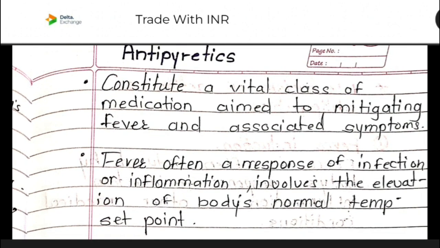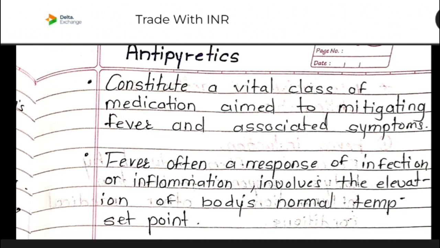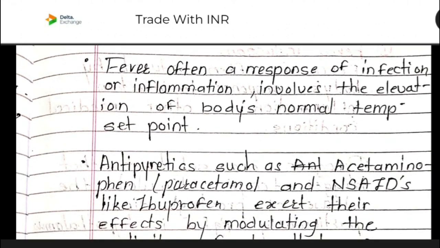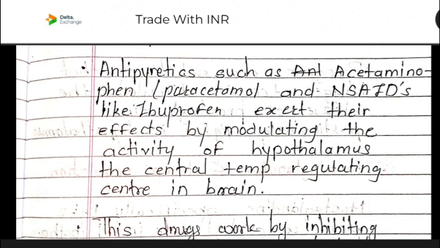Antipyretics constitute a vital class of medication aimed at mitigating fever and associated symptoms. Fever, often a response to infection or inflammation, involves the elevation of the body's normal temperature set point.